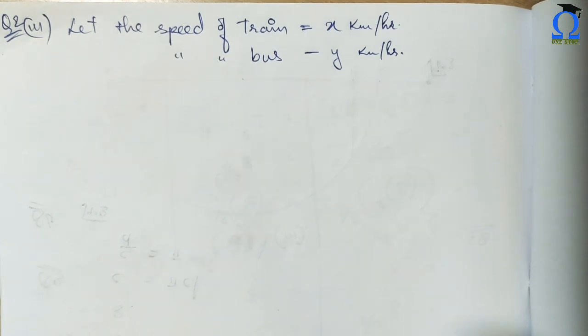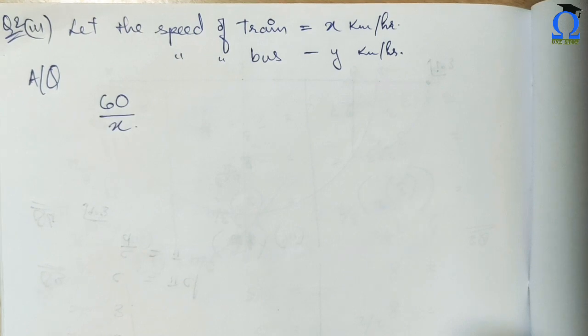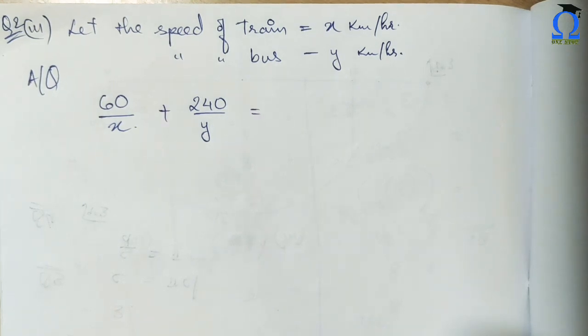Now according to speed equal to distance by time, 60 kilometers, that is distance by speed will be time, yes, and this is the remaining distance, therefore divided by speed will be the remaining time, and when we add them we get total time, that is 4 hours. Simple.